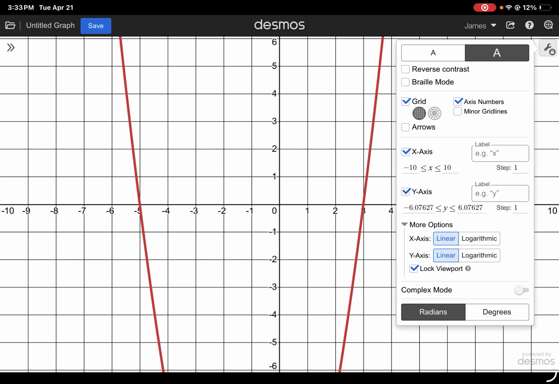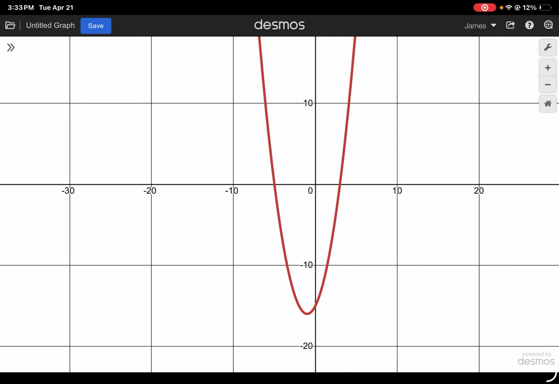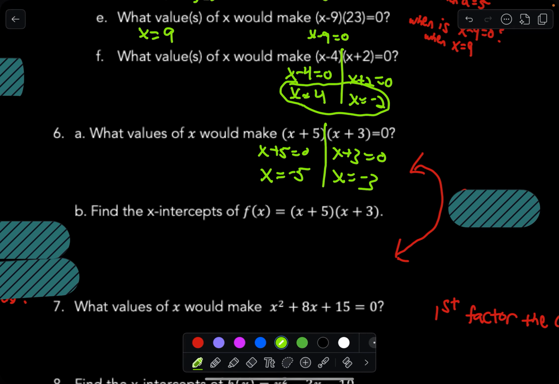There's the graph. Okay. Notice it has x-intercepts at (3, 0) and (negative 5, 0), just like we predicted.